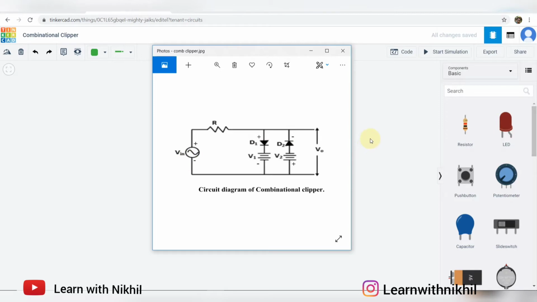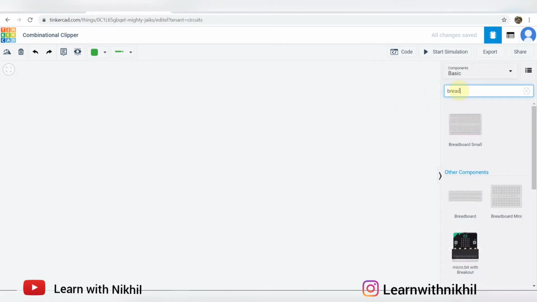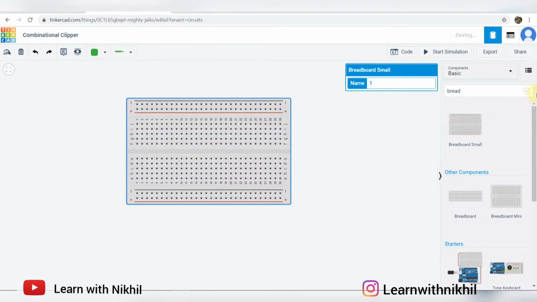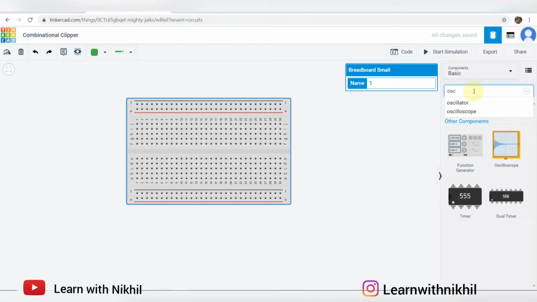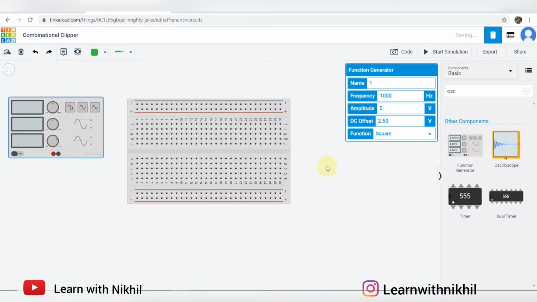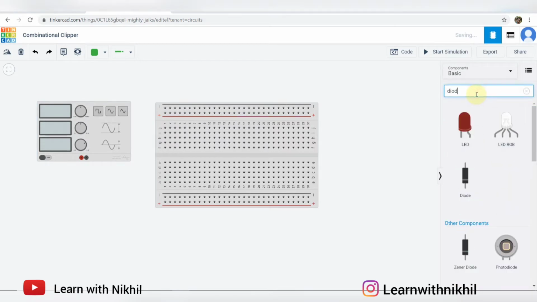So the components we will require: first we'll take a breadboard, search the breadboard. Then we'll go for input power supply, that is, we require oscilloscope for the AC supply. We'll require two diodes.